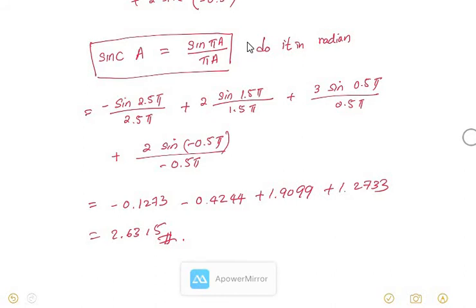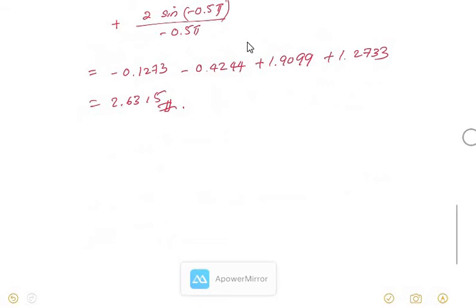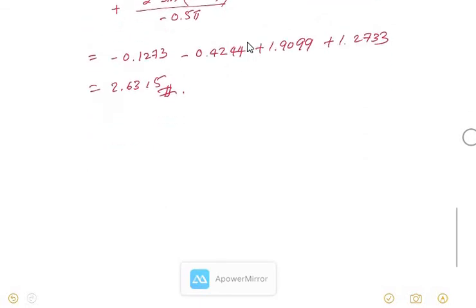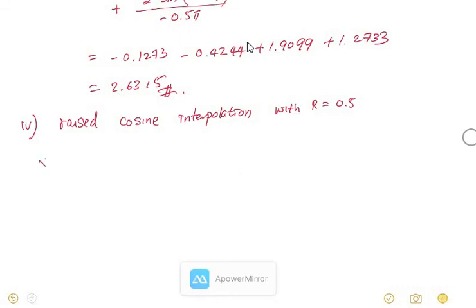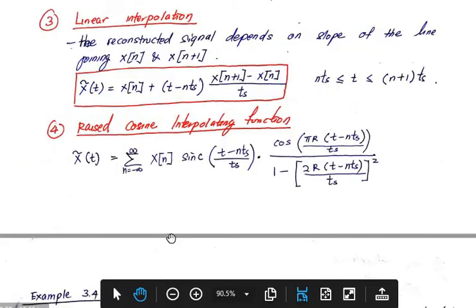Alright, so the last method is to use the raised cosine interpolation, with r equal to 0.5, to reconstruct the signal. This is the formula for the raised cosine interpolation function.